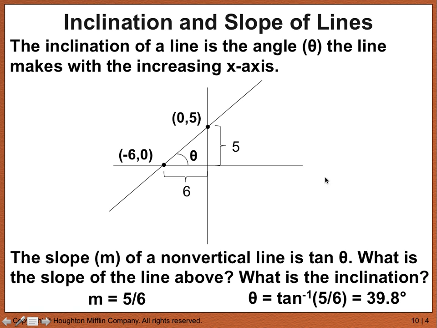All right, quick comment about inverse tangents. Now, you may or may not remember this from Algebra 2, but the three basic trig functions are sine, cosine, and tangent, and all three of those have inverses.